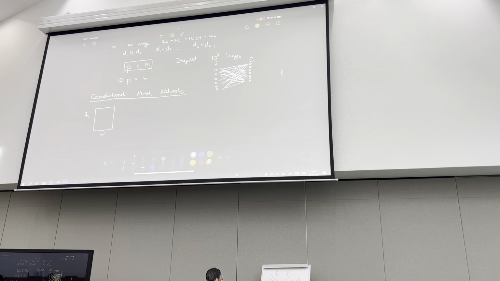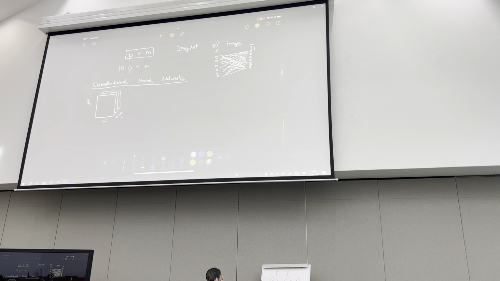And also there can be additional channels. Typically for an image we have 3 channels. Red, the intensity of red color. Green, the intensity of green color. And blue, the intensity of blue color, the typical way to store an image in the computer.